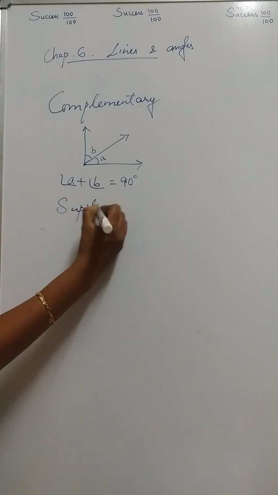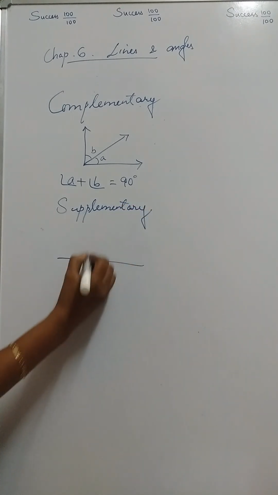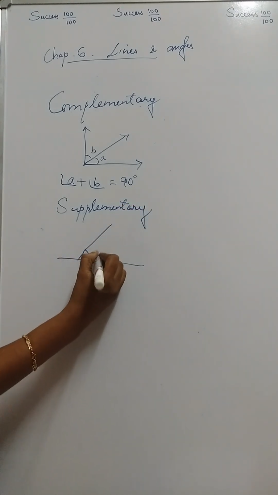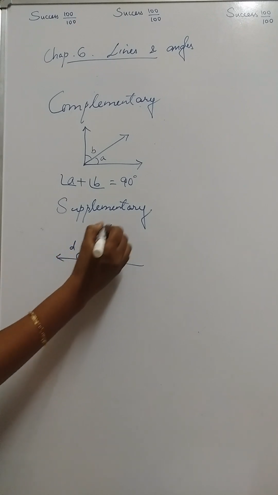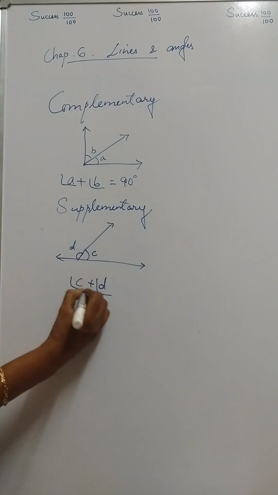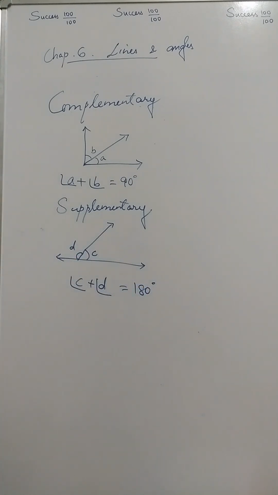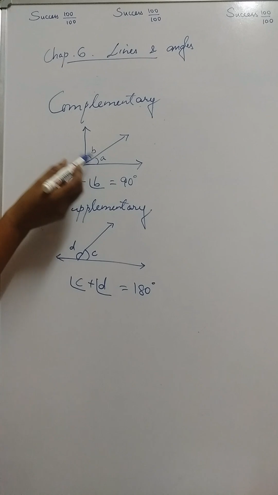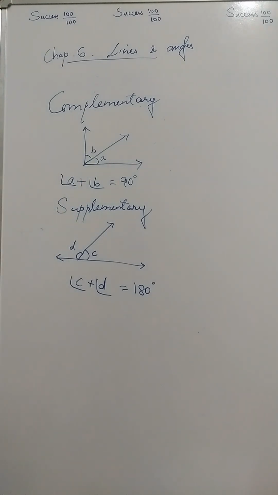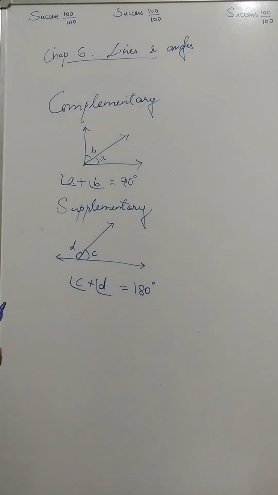Whereas the next one is supplementary angles. Similarly, if I have angle C and angle D, the sum of these two angles should be equal to 180 degrees. So the sum of angles A plus B is complementary, equal to 90 degrees, and the sum of angle C and angle D is supplementary, equal to 180 degrees.